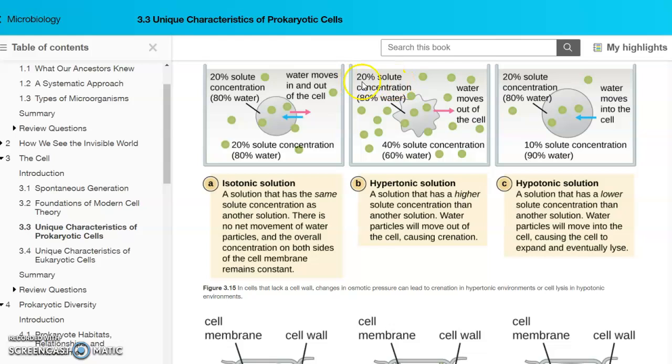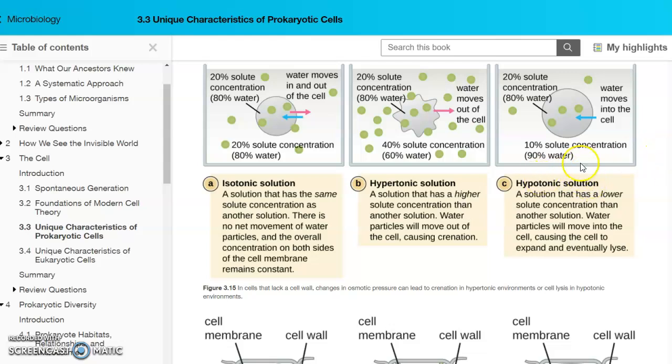Inside our cell, we're still at 20% solute, 80% water, but outside, now we have 40% solute and 60% water. Water is going to go where there is a higher solute concentration, so water flows out of the cell. As water flows out, it leads to something called crenation. The cell essentially becomes dehydrated.